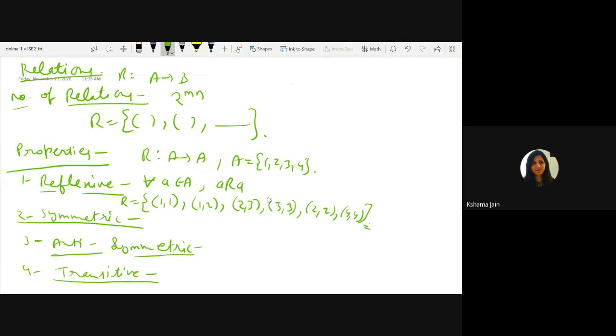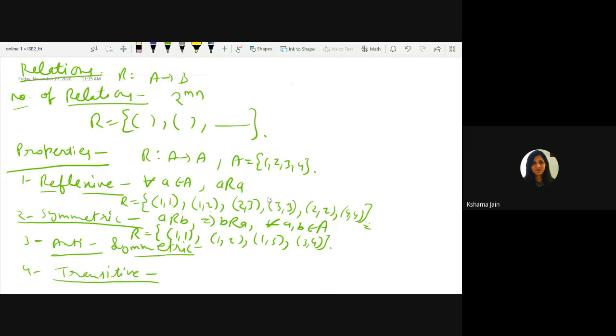Okay. Symmetric. Definitions won't come, so that's why I'm just explaining. You should understand what these are. Definitions would be available in the notes, theory. Symmetric, the name sounds like same. The left side should be equal to the right side. So if A is related to B, then B must be related to A, for all A, B belonging to A. Okay, so in this set, for example, if I write (1,1), (1,2), (1,3), (3,4), this is not symmetric.